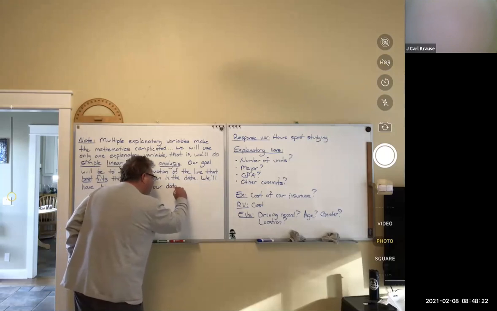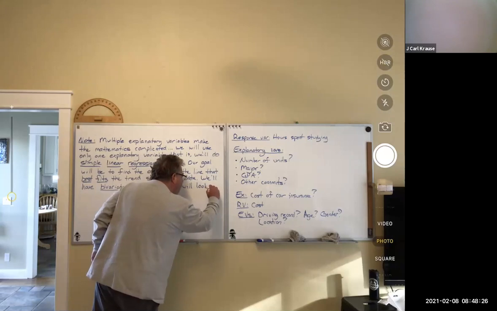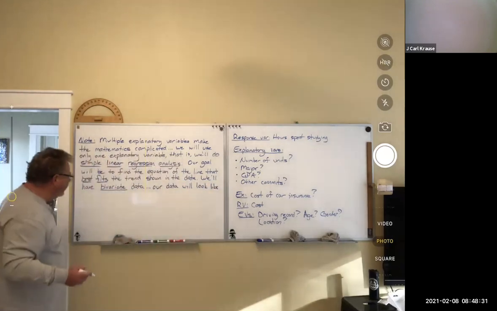Our data will look like what we call ordered pairs.